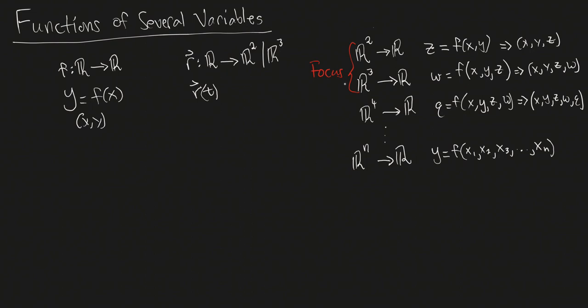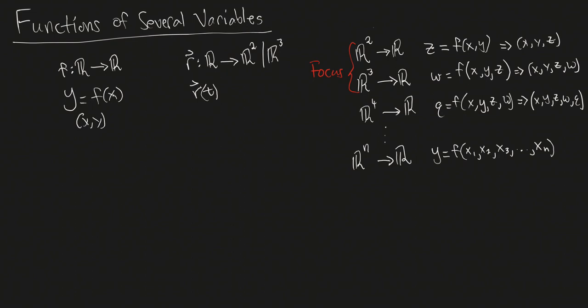And just to give you an example, not just of the ones that we're going to focus on, but ones that it's not out of the realm of possibility. In fact, it's more common for you to have functions of this form than functions of this form.